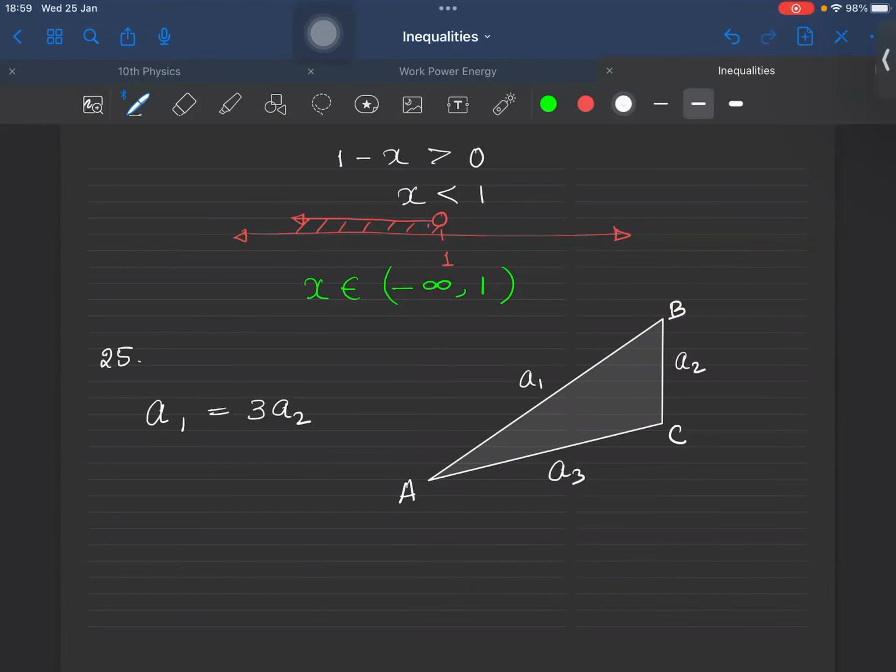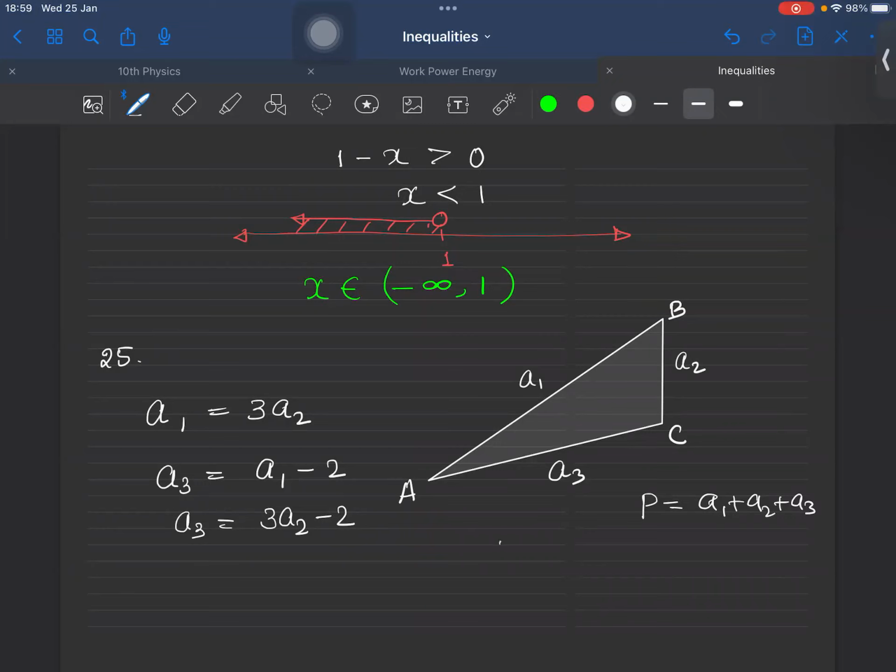is 2 centimeters shorter than the longest side. Now the longest side is A1. So A3 is equal to A1 minus 2. That means A3 is 3A2 minus 2. All measurements are in centimeters. So this is what is given. Now, the perimeter. So perimeter is what? The sum of 3 sides. Perimeter is A1 plus A2 plus A3, right?